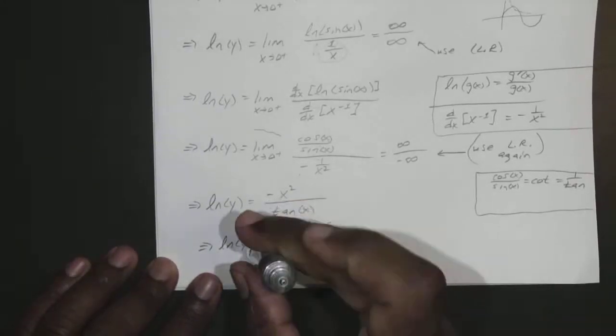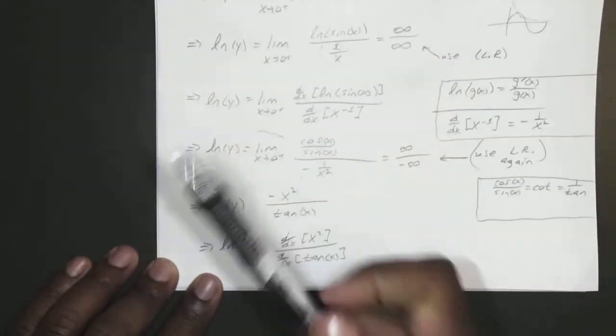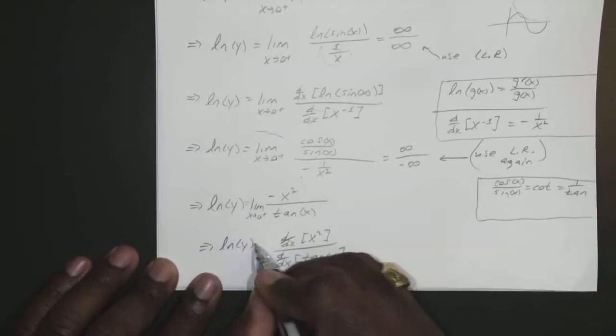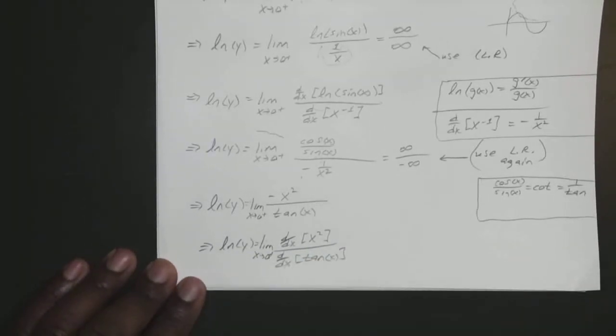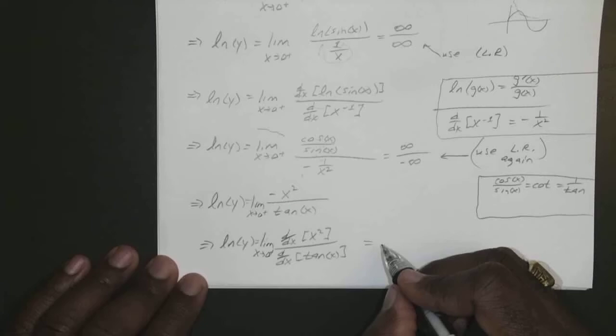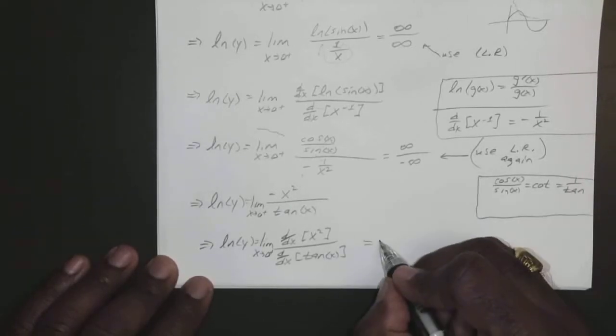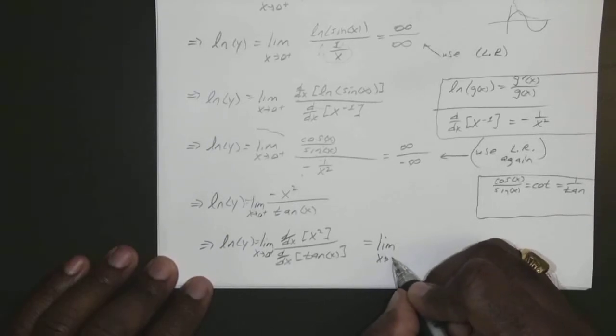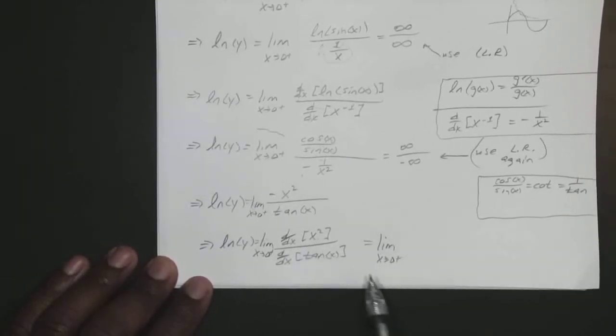Oh, forgot my limit. Limit as x approaches 0 from the right. Here we go. So that's going to equal the limit as x approaches 0 from the right of 2x over the derivative of tangent x, secant squared x.